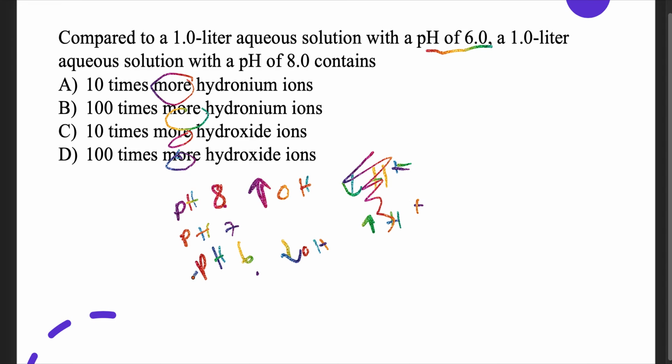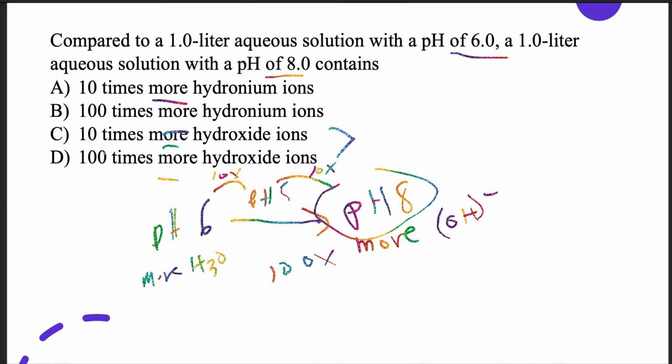And as we go from a pH of 6 to a pH of 7, the hydroxide concentration is increasing by 10-fold. So that means when we go from 6 to 8, it's going to be by 100-fold. Okay? So this one is going to be D.